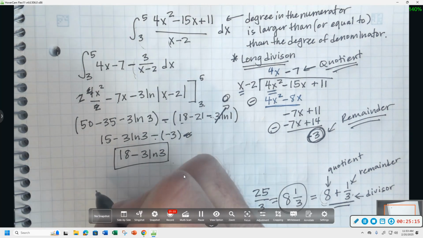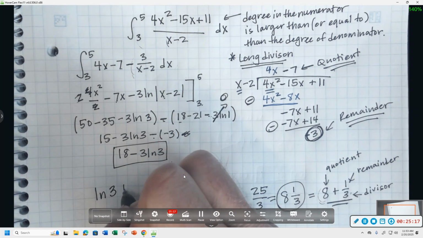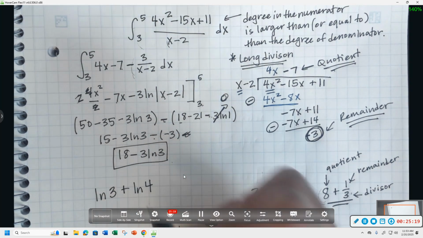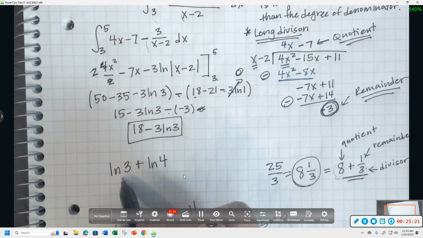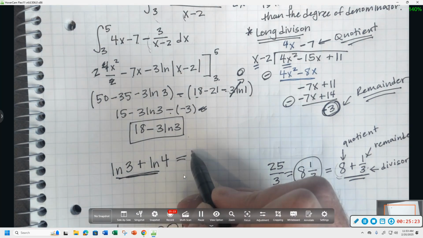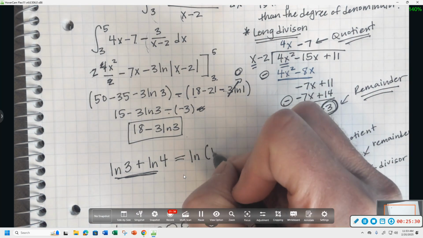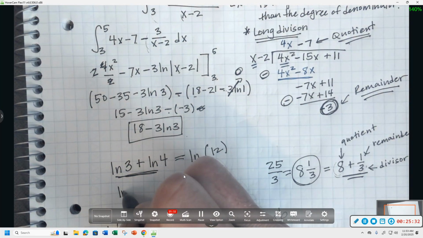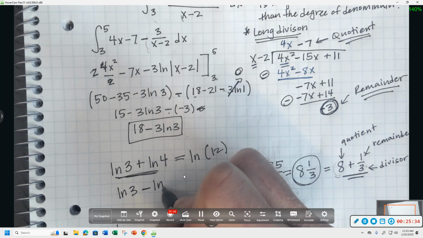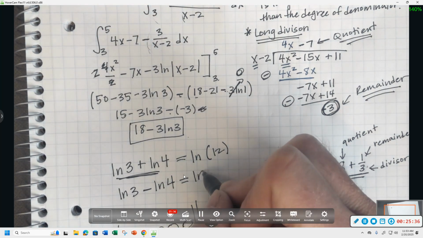So if I come up with an answer and I've got natural log of 3 plus natural log of 4, and I want to write that as one single logarithm, that is the natural log of, you know the rule on that. It's 12. If I have the natural log of 3 minus the natural log of 4, I divide.